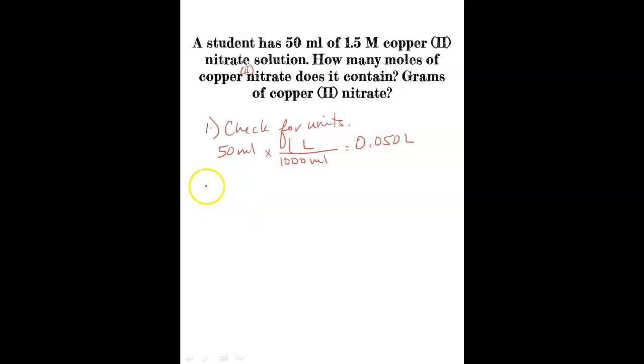And now we can plug it into the equation. Okay, so insert into equation. We have molarity, moles over liters. And I plug in 1.5 molar solution. And I have, in this case, 0.050 liters.